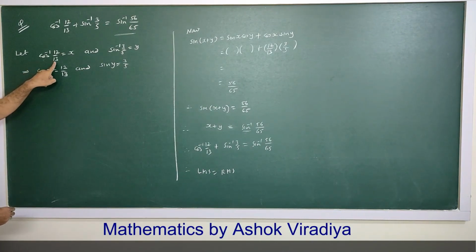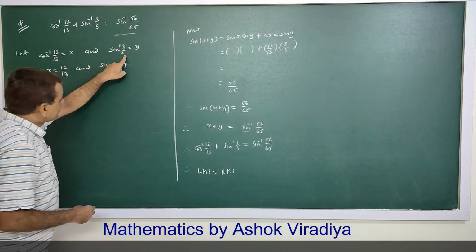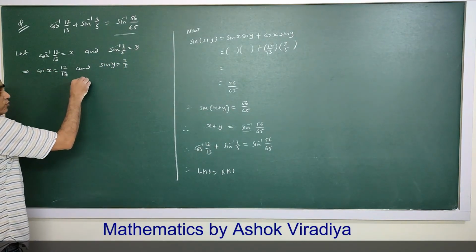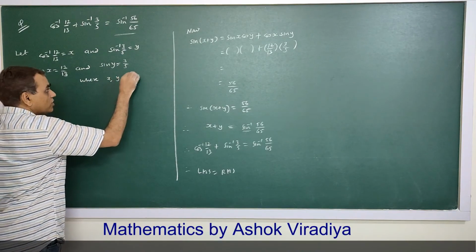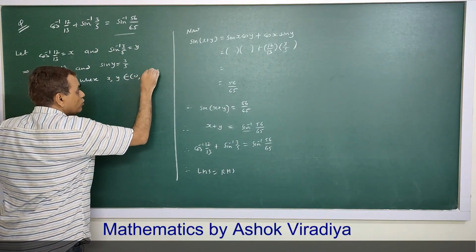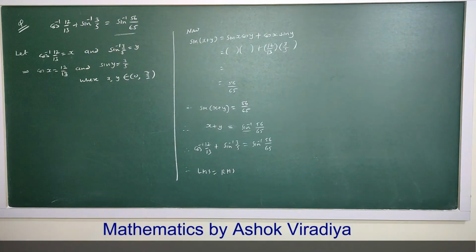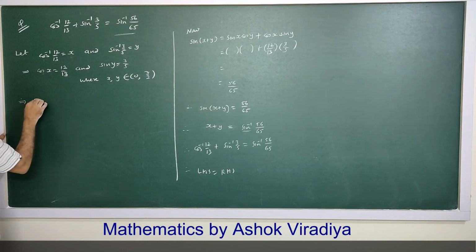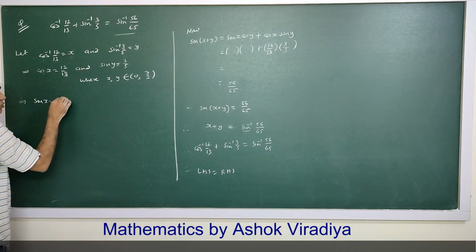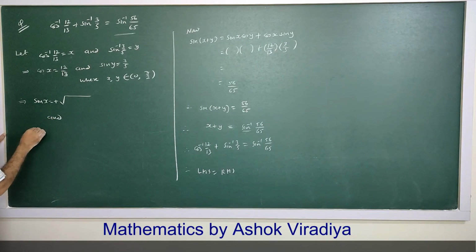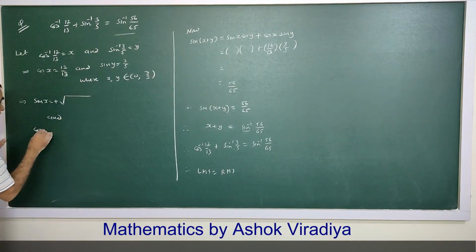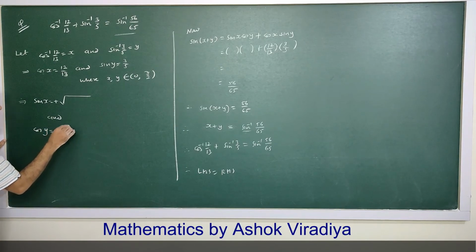Because cos inverse is working on positive values, sin inverse is also working on positive values, therefore x and y both will be in 0 to pi by 2. So from x, sin x will also be positive, and from y, cos y will also be positive.